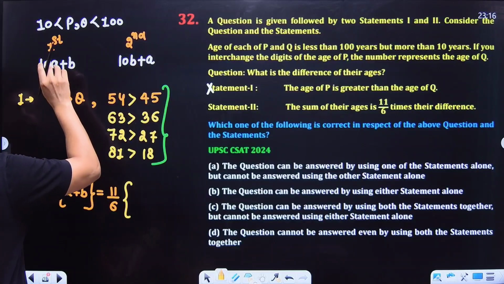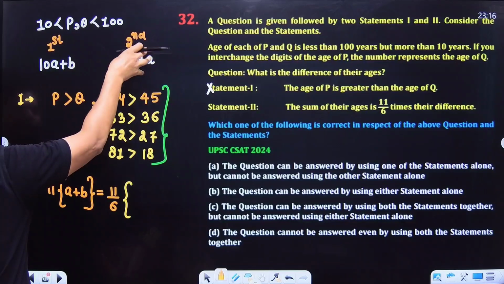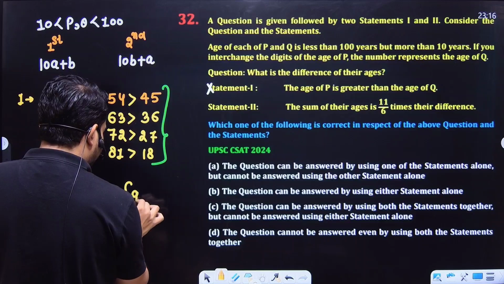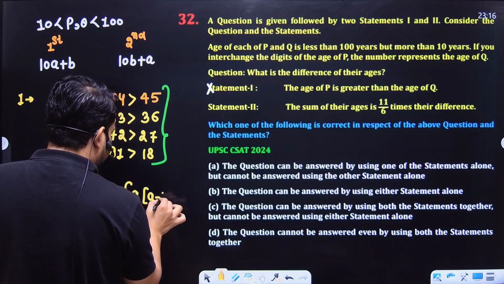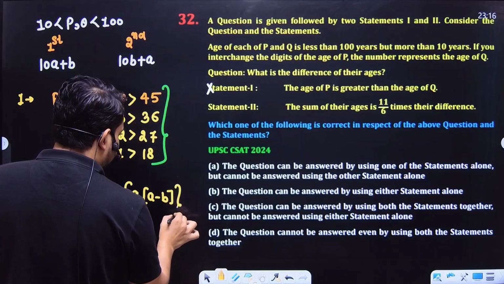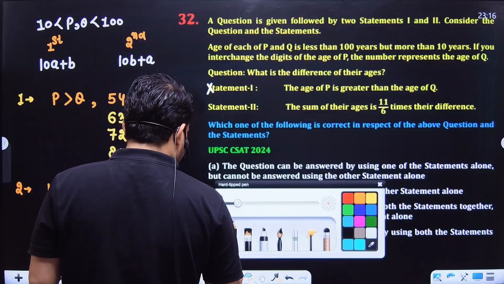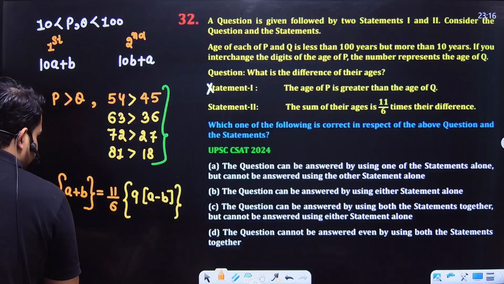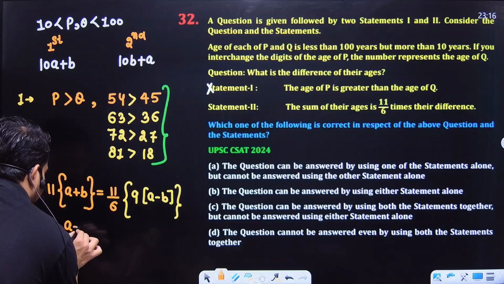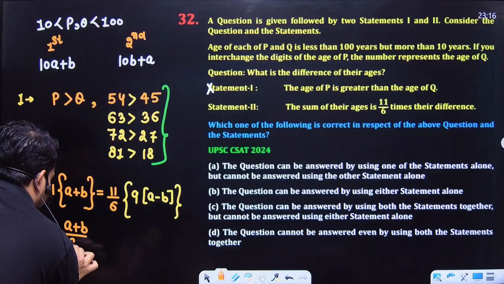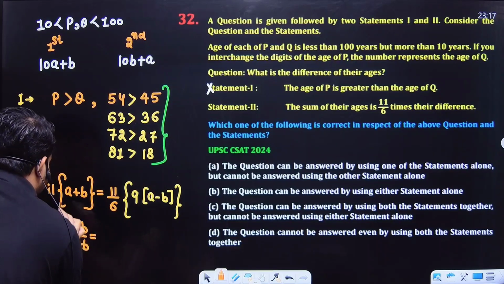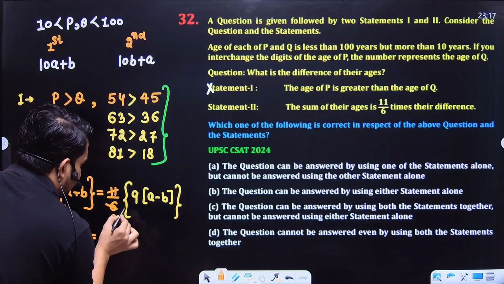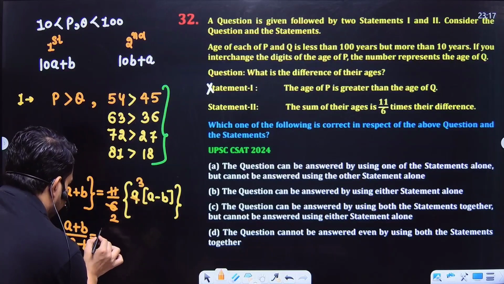What is their difference? If I subtract one from the other, I get 9 times A minus B. The 11 and 11 will be cancelled out, so I have A plus B upon A minus B is equal to 3 by 2.